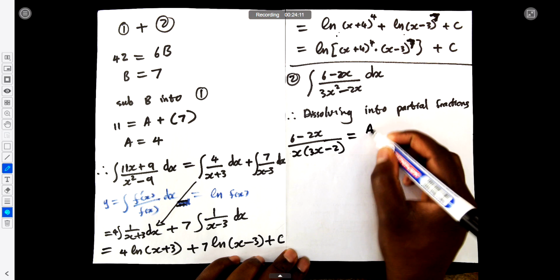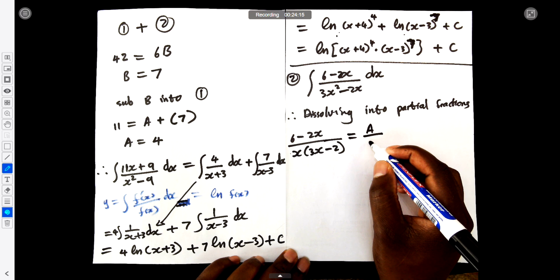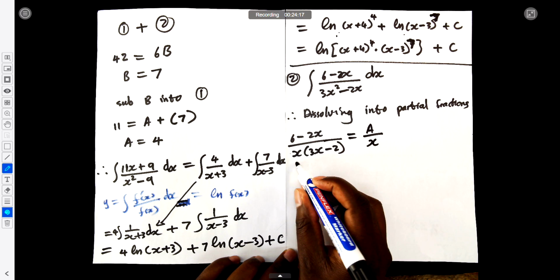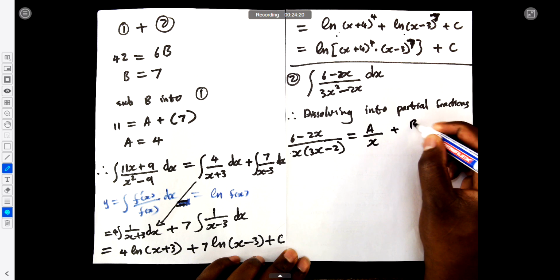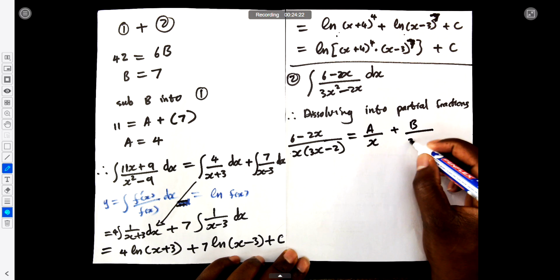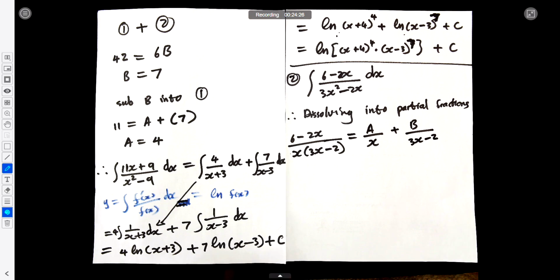From there it equals: the first fraction, variable a, will be divided by the first factor, which is x. Then we'll have b all divided by (3x minus 2). So we have resolved into partial fractions.